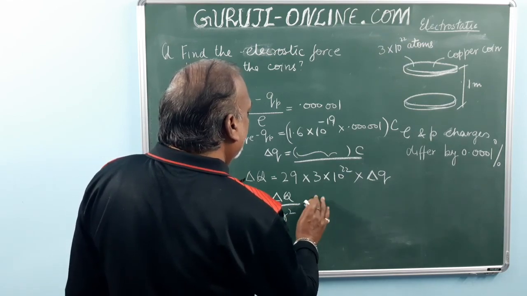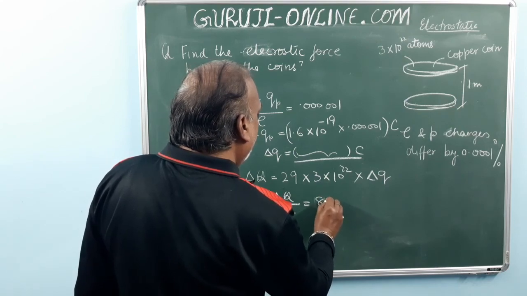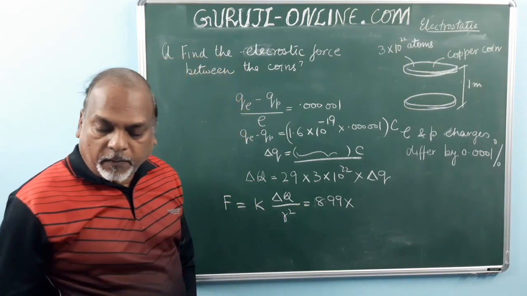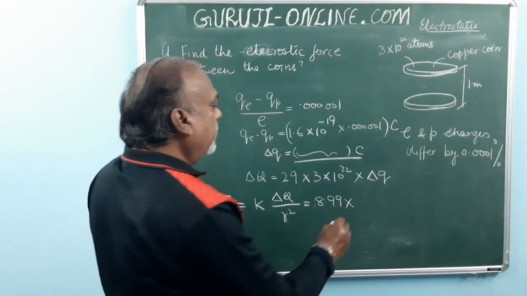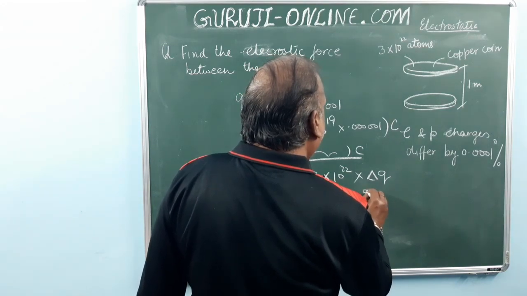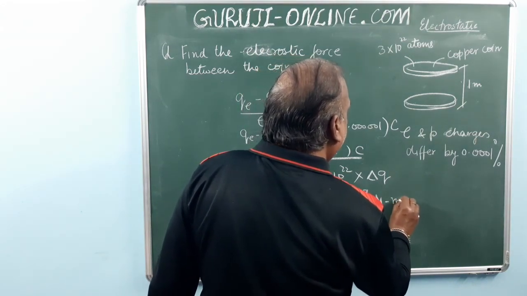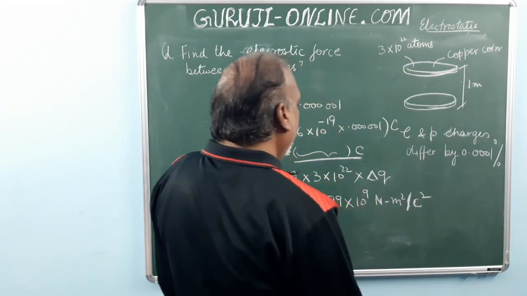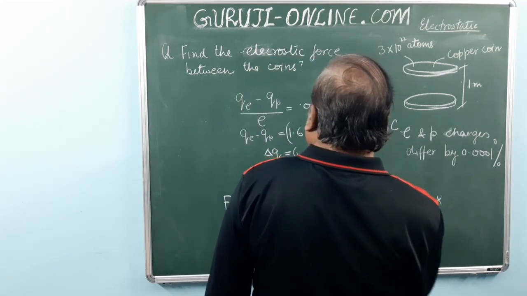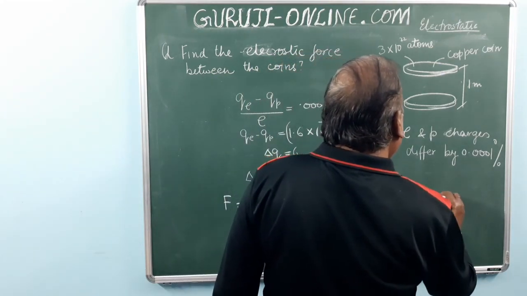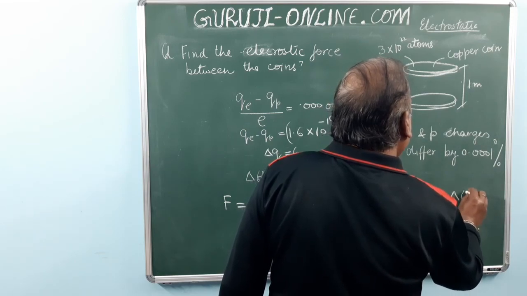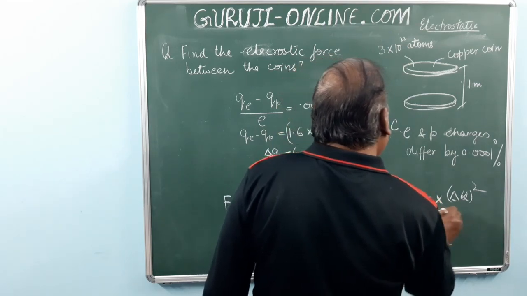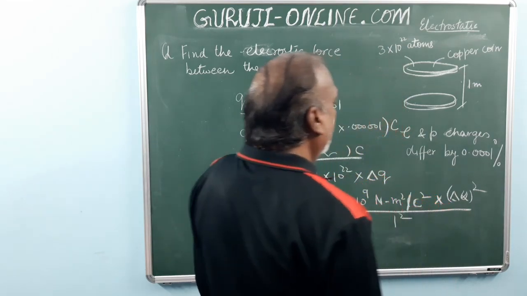or we can write it as K, we know 8.99 into 10 raised to 9 Newton into whatever value is coming divided by 1 meter square.